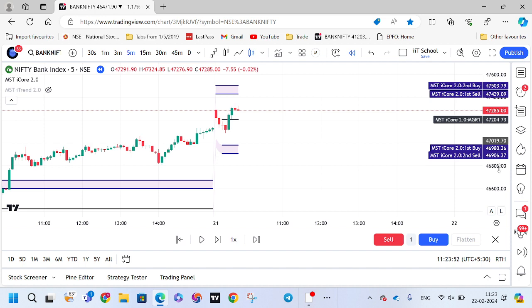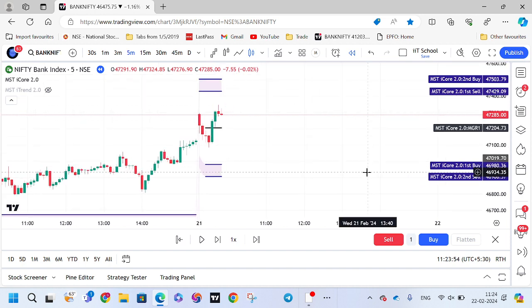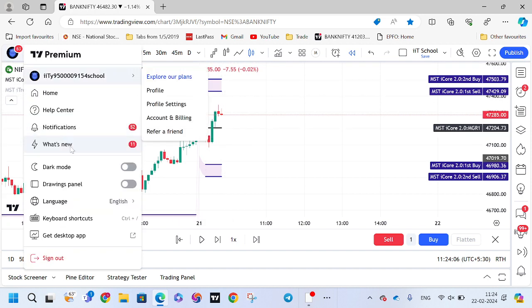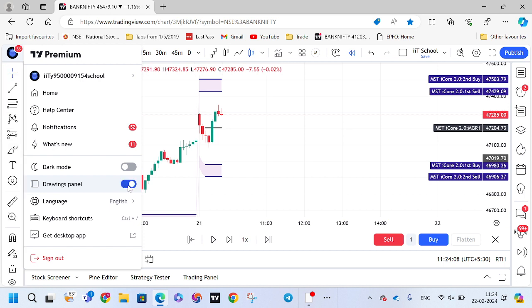We all know that if the market is coming up towards 47,429, then we will be buying 47,600 put option. If the market is coming from here to here, we will be buying the 47,600 call option.